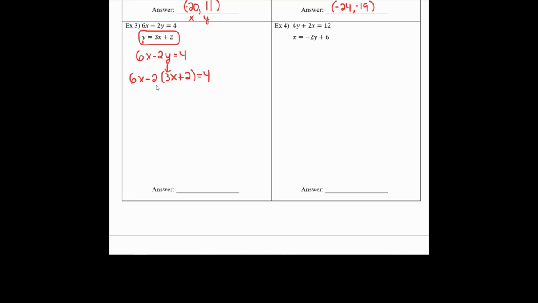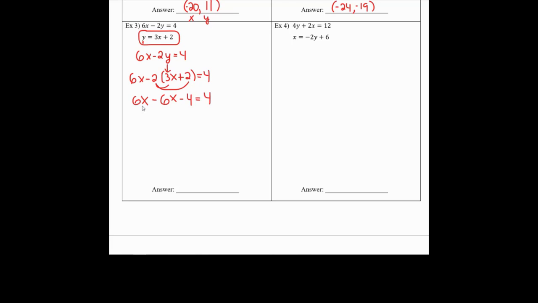Now we solve the equation. First step, eliminate parentheses. So we bring down 6x. Negative 2 times 3 is negative 6x. Negative 2 times 2 is negative 4 equals 4.